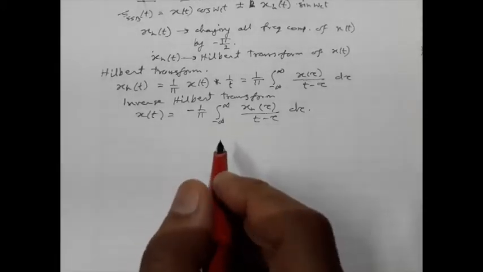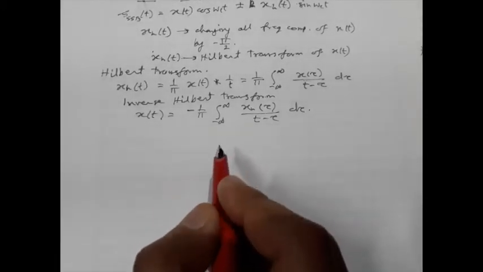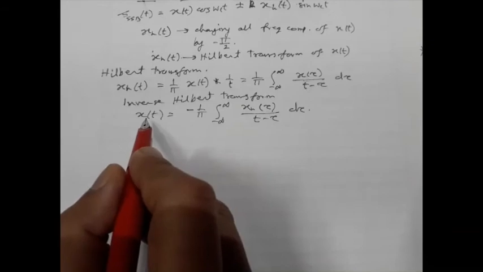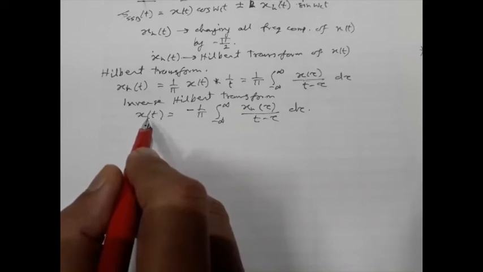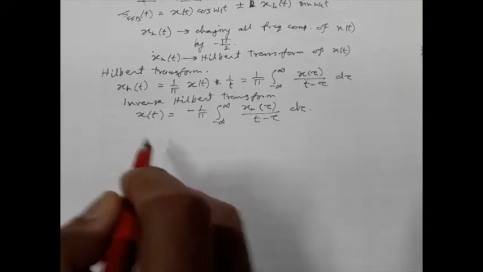Now we have to prove that if we change every frequency component of xt by a phase shift of pi by 2, then we should get the Hilbert transform.